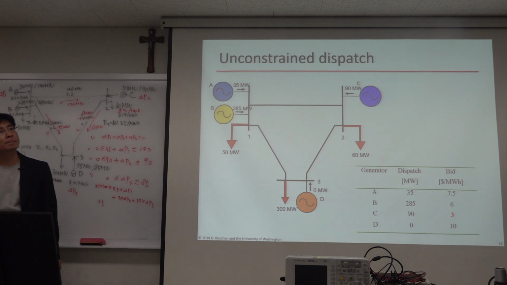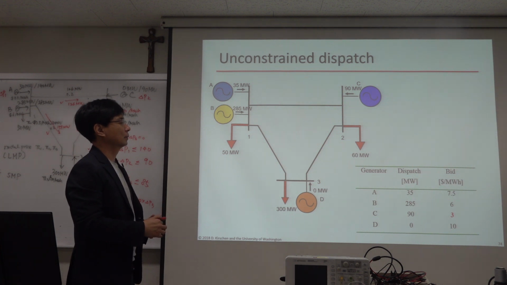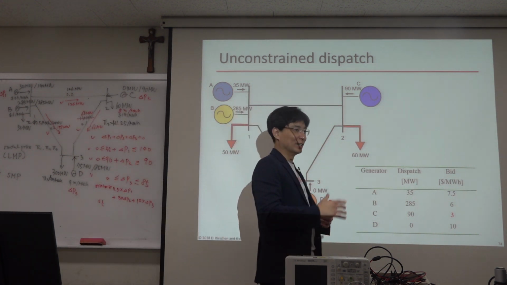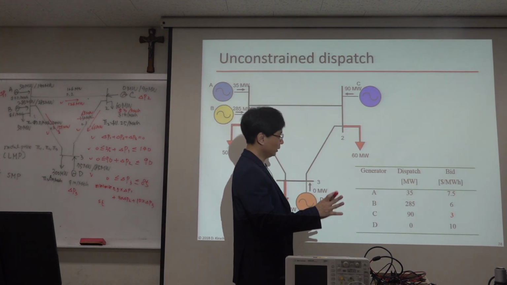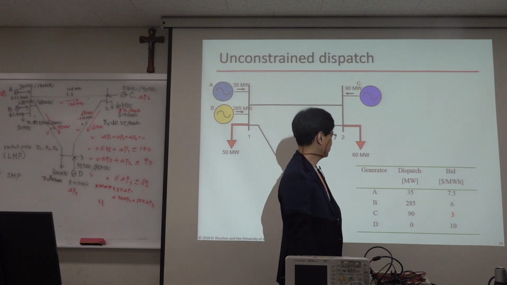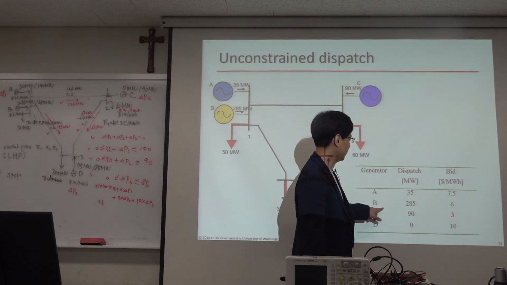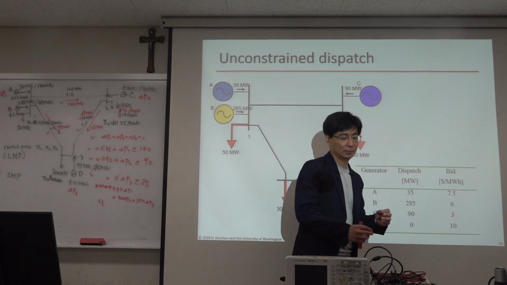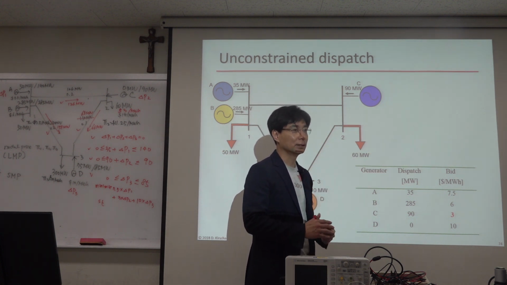That assumes that B removes everything at full. Okay, good point. So if you want to make it general, intuitively we know that at the solution this generator will produce at its maximum. That is assumed. Actually, that's the fact.